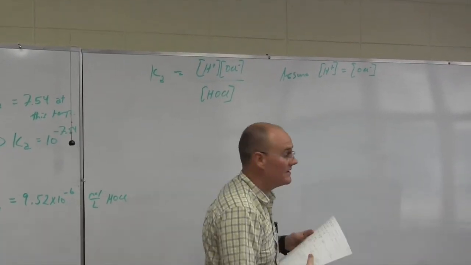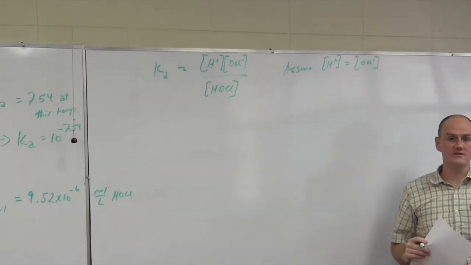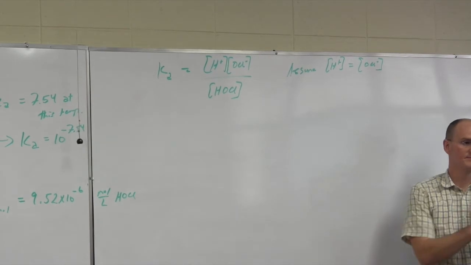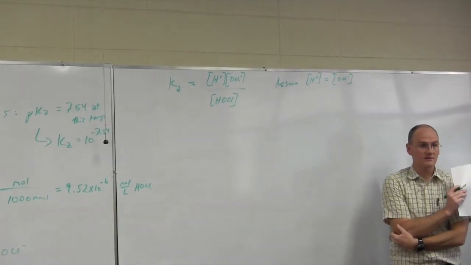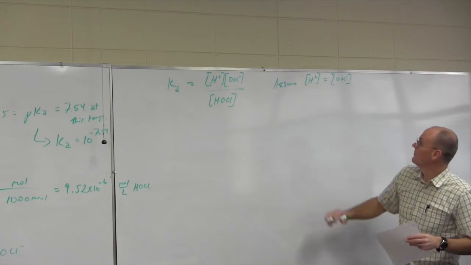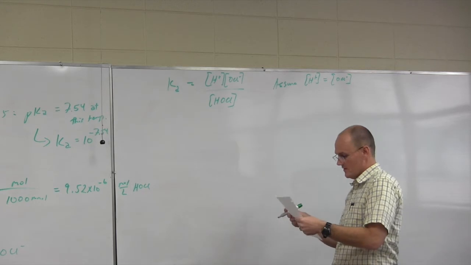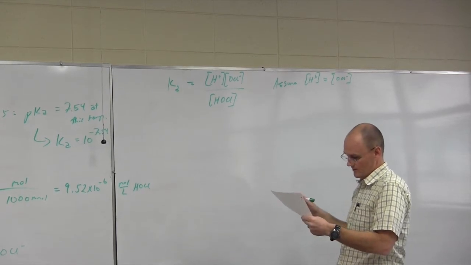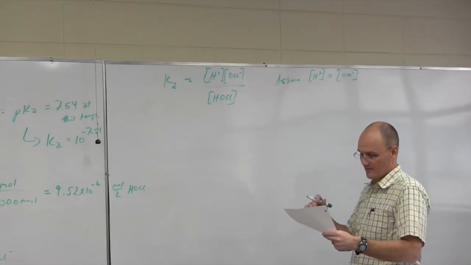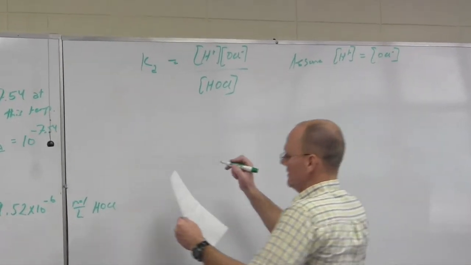This is what we can do because we're ignoring the dissociation of water, okay? In reality, we have to take into account the whole acid-base equilibrium. But we're going to assume for our purposes that H plus and OCl minus are about the same, which would be accurate for, you know, a moderate pH range.